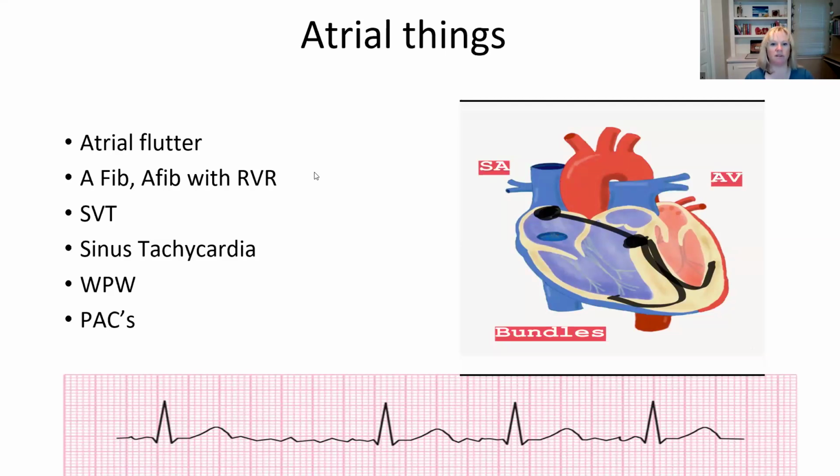It has to be over a certain number, and it's 100, exactly, over 100, okay? Now, you can also have SVT, which is always going to be fast. You can have sinus tachycardia. Yeah, it's a little mixed, right? But in a general consensus, if it's over 100, we're starting to do something about it. And then Wolff-Parkinson-White can also come from the top, and PACs can come from the top.